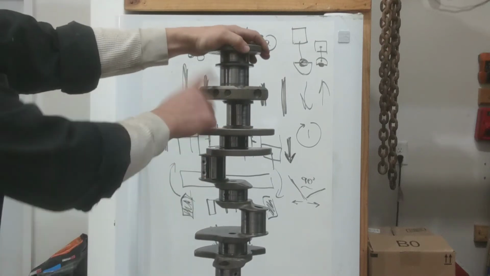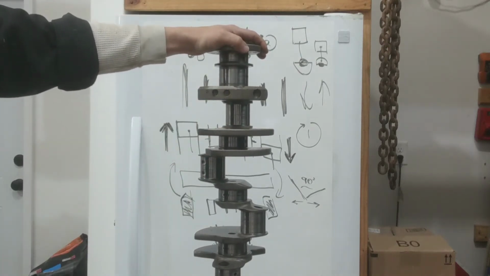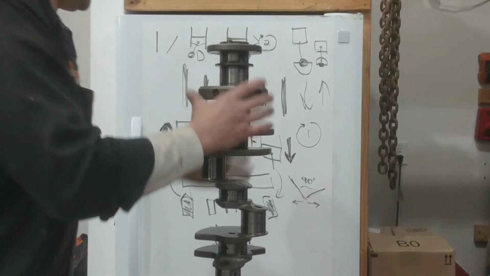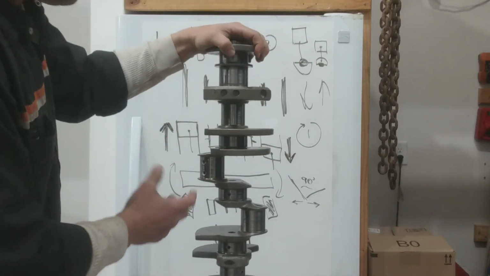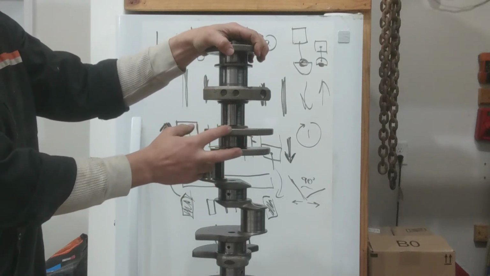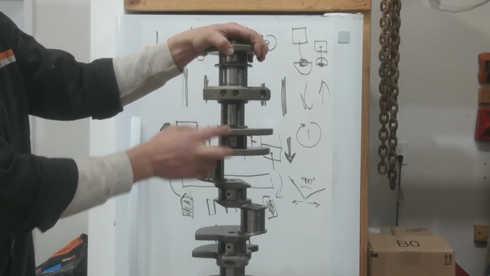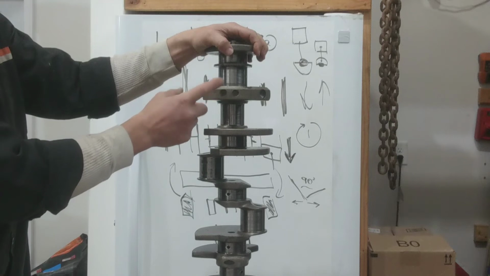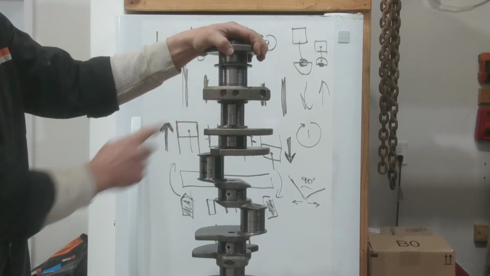The weights were trimmed down. That's why I said it's a poor example. But you can see you have the two weights here, which are small, they're thinner than this outer one. This one's thicker and it's going to be bigger.